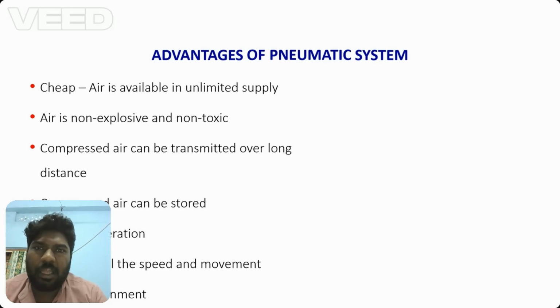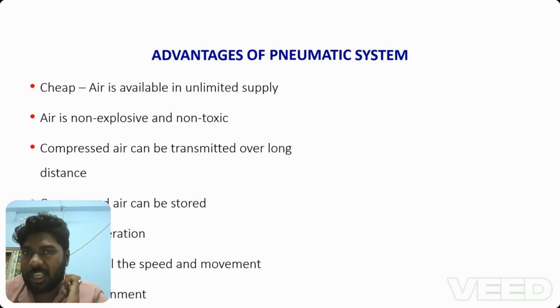And air has basic thing that it is non-explosive or non-toxic until and unless there is any fire or something. So it doesn't explode by itself or make any particular environment toxic, so that it is very friendly, can be used in food industries, pharma industries, aerospace industries, that way.